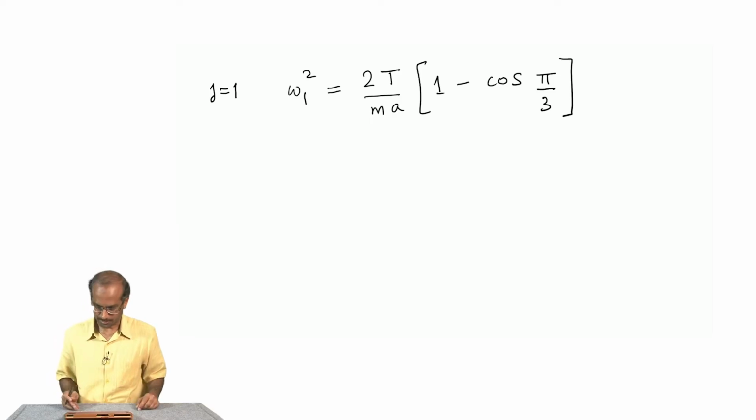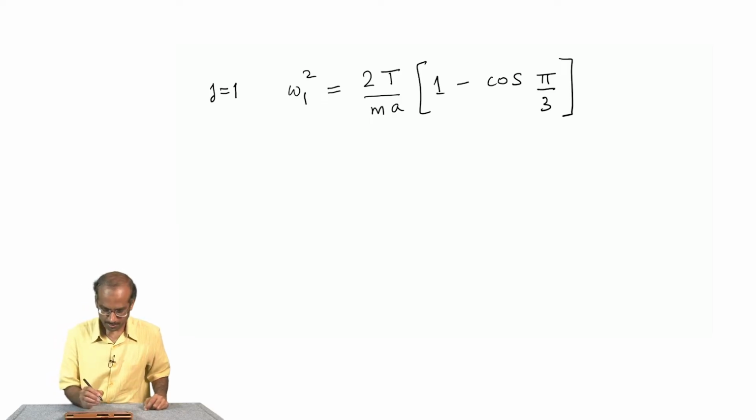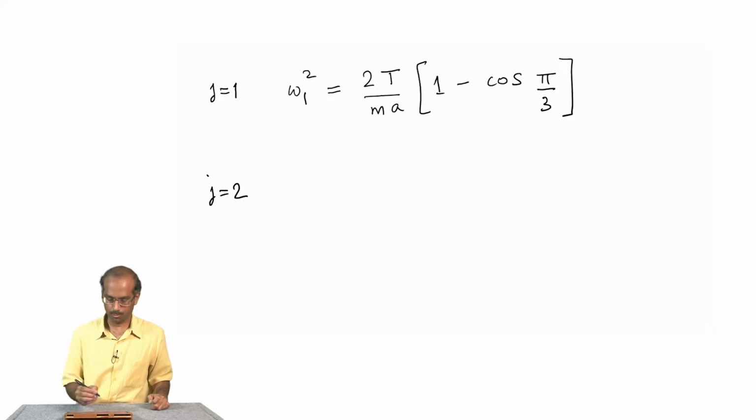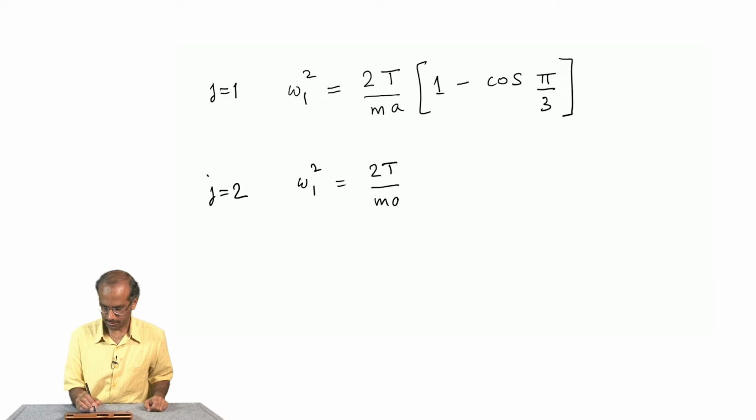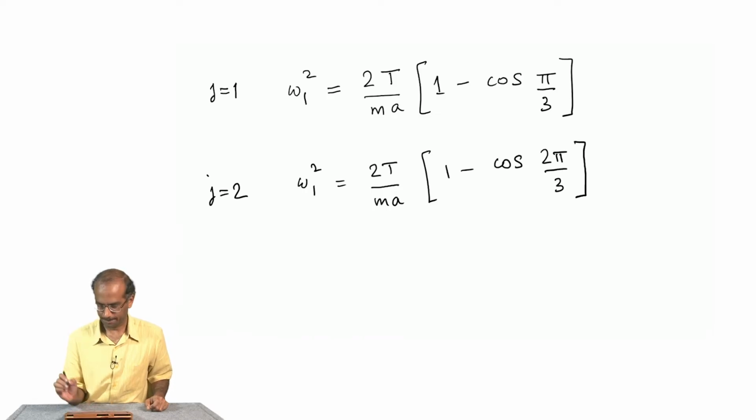So, I have this expression 1 minus cos pi by 3, and if I set j equal to 2, which will be the second normal mode frequency, that would correspond to omega 2 squared equal to 2T by m a into 1 minus cos 2 pi by 3.